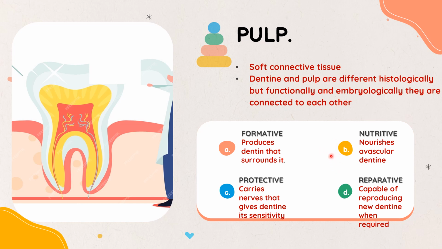In a protective way, it carries nerves that give dentine its sensitivity. In a reparative way, it is capable of producing new dentine when required. Whenever there is any trauma, the pulp stimulates the dentine to produce reparative or new dentine to compensate for the injury.